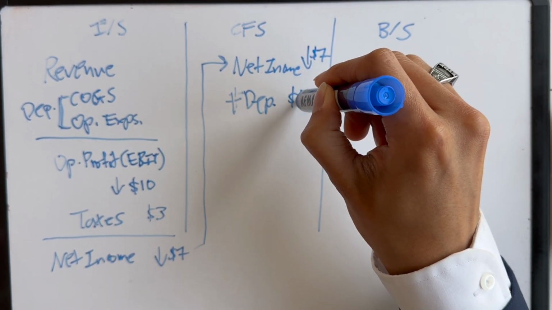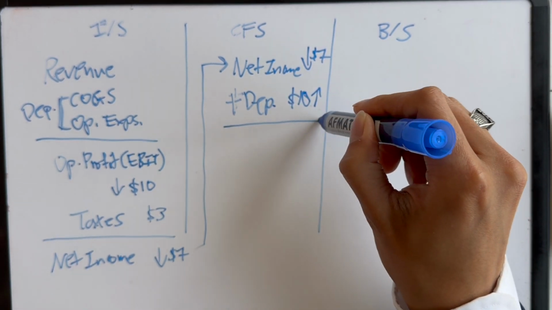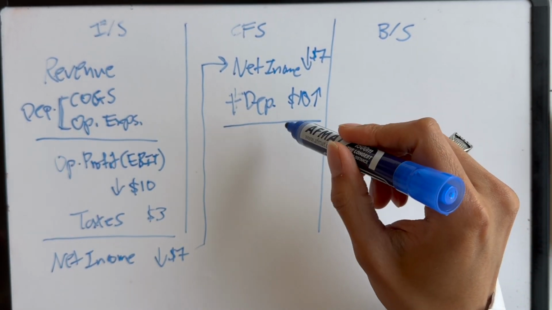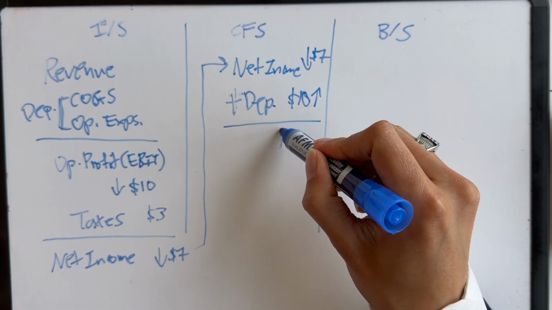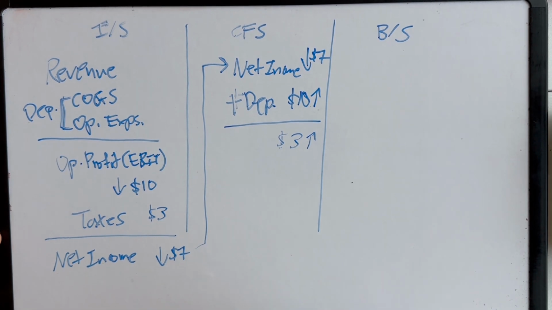And so if we add depreciation of $10, this is going up, that means our net change in operating cash flow is positive $3. So because the company is taking a non-cash charge, yes, their expenses are going up, and yeah, their net profit is going down in an accounting sense, but from a cash perspective, they're actually making a little bit more money in terms of cash.